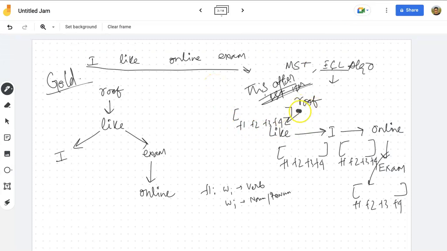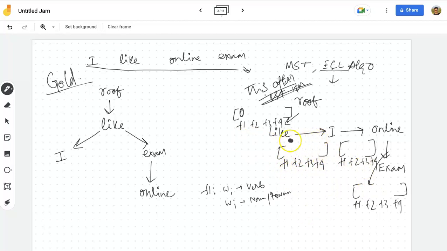For this edge, what is wi? wi is root. Root does not correspond to any POS tag, so obviously this is 0. This is 0 because root doesn't have any POS tag. First fill up all the F1 values for all these edges.